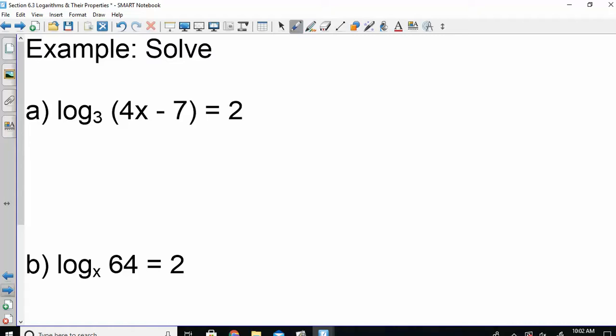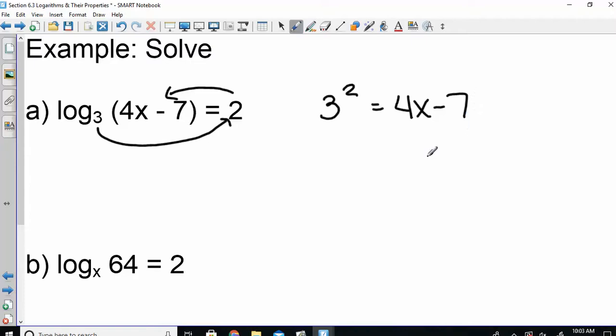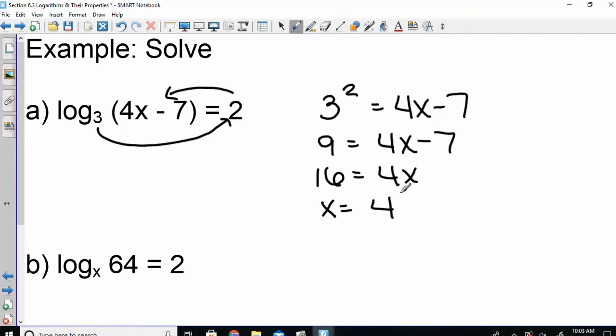What should we do? So it would be 3 to the second power equals 4x minus 7. 3 to the second is 9. If I add over my 7, 16 over 4, x equals 4.